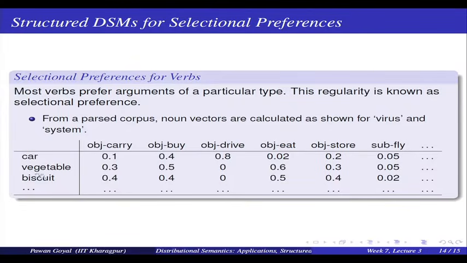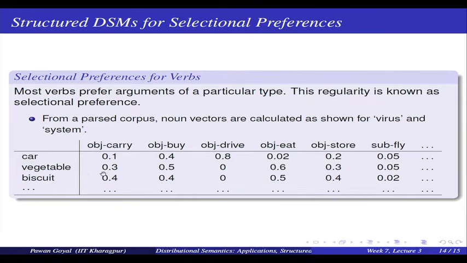So what will I do? What is a simple method? I would say, okay, let me find out what are the words that have a high weight in this dimension. So I know vegetables, biscuits, fruits, etc. will have a high weight in this dimension. Now my hypothesis will be that words that are similar to these words, like vegetables and biscuits, can also be eaten.